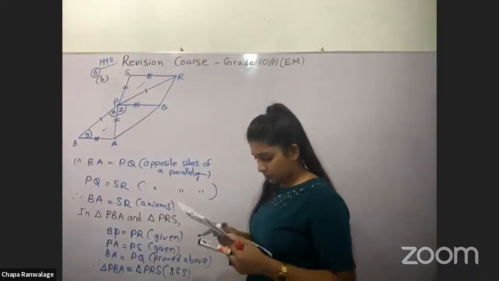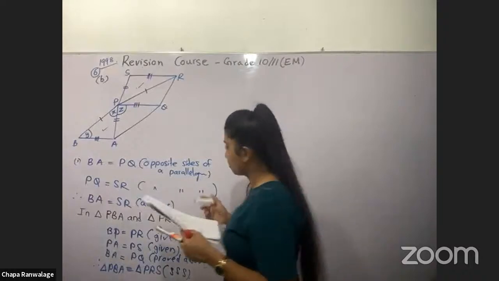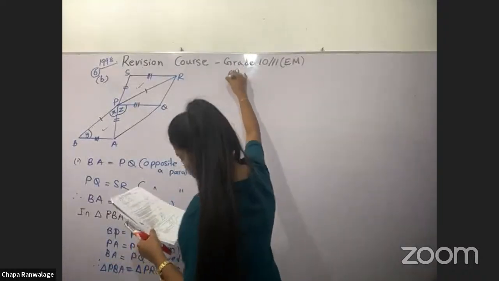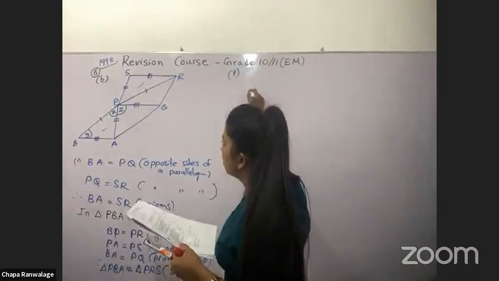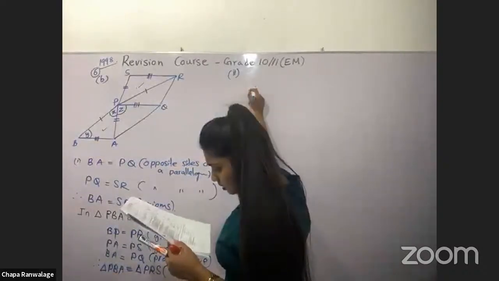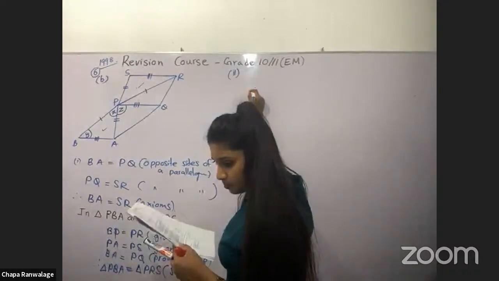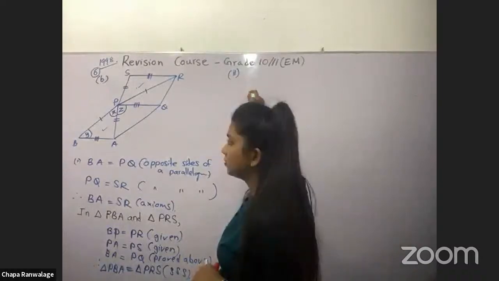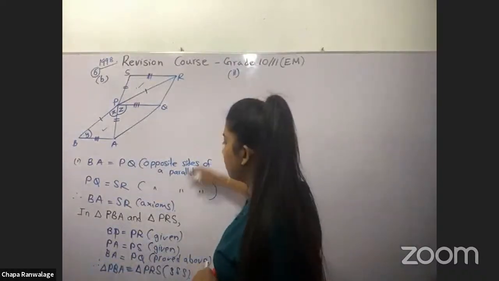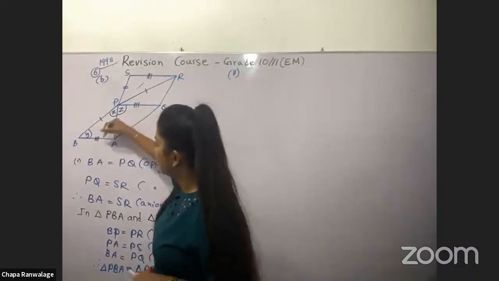Now, okay. Then the second one. You have to do that. RPB and, because of the axioms, make a parallelogram here.